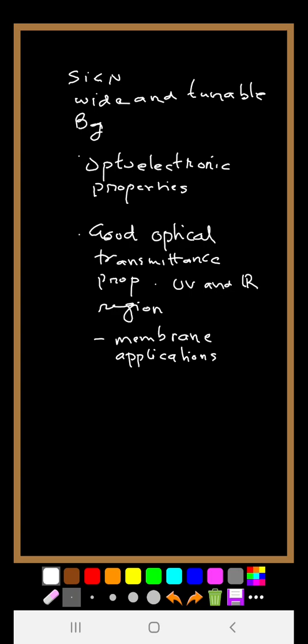The structure and property of SiCN is analogous to beta carbon nitride.